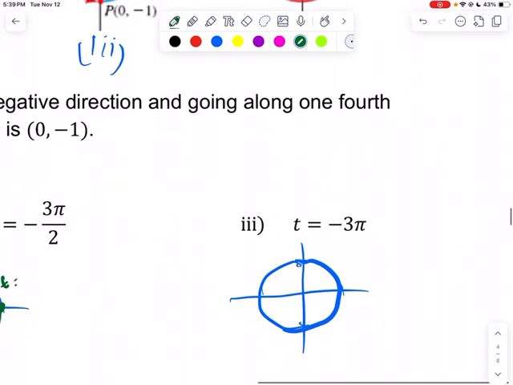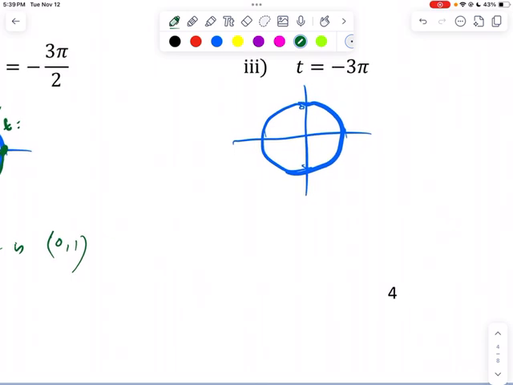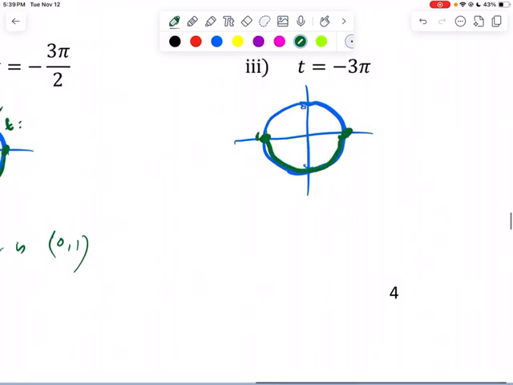Okay, next one is t is equal to negative 3 pi. So what does that mean? It means start here, move in the negative direction. How much? 3 pi's. So we go 1 pi, we arrive here. Let me say, we are starting at A, we arrived at B. This is 1 pi.